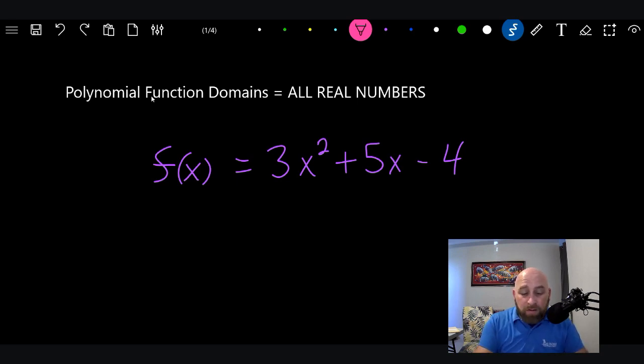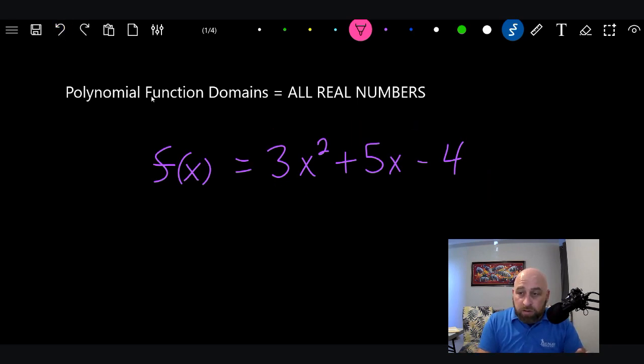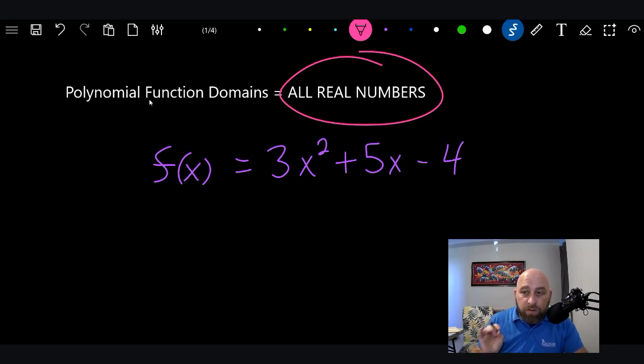Whenever you get something that looks like this, where it's just a polynomial, so there's no fraction, there's no radical, there's no absolute value, there's nothing else in it, the solution is all real numbers. That's it, all real numbers. You don't even have to solve it, okay? Because you know that if it's a polynomial function, the solution to the domain is all real numbers.